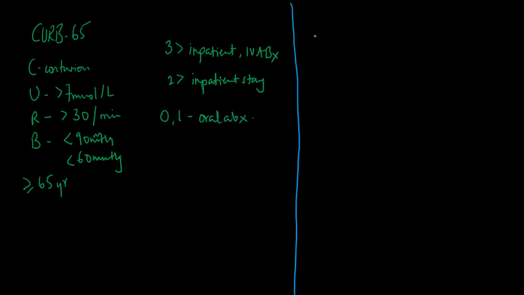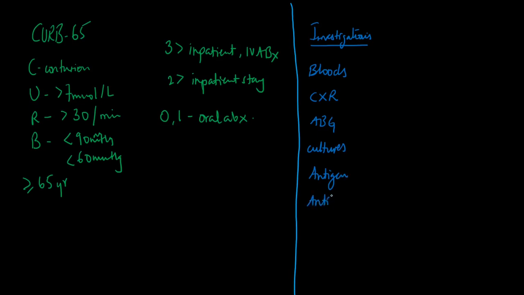Let's have a look at the investigations for a pneumonia. So we'll start off by doing some blood work, followed by a chest x-ray, an arterial blood gas, cultures, antigen testing, and antibodies.